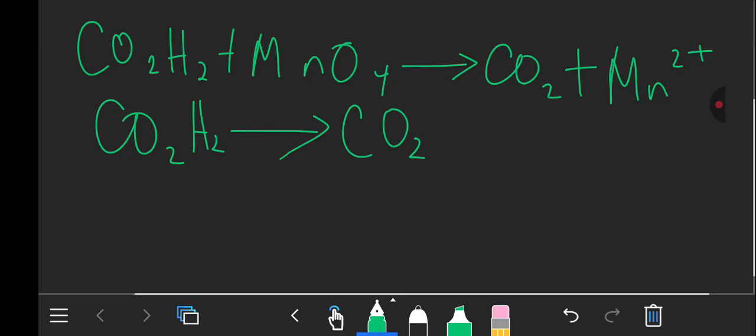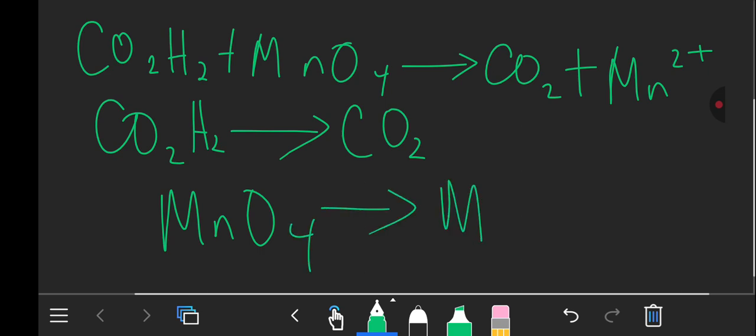Then the half equation for the second one, we have manganese MnO4, then it is producing manganese ion. Okay, like that. So let's balance first the first one.